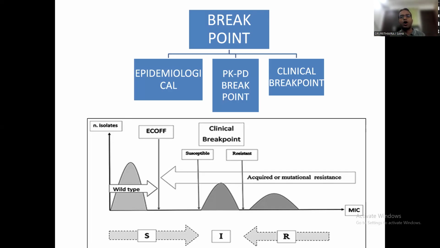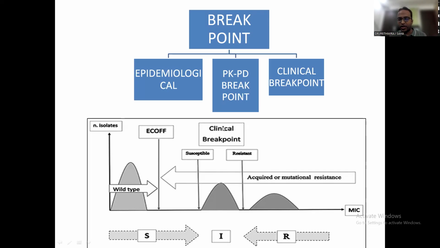Normally if the patient doesn't have any sort of mutation, it is called wild type bacteria. The wild type bacteria belong to one side of the ecological breakpoint, and the acquired resistant bacteria belong to the other side.